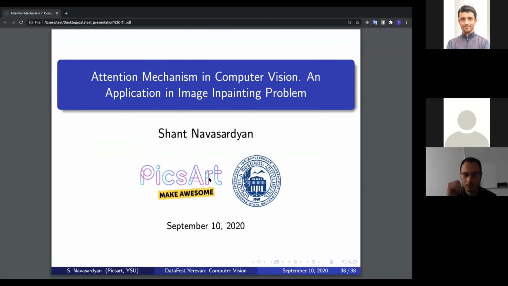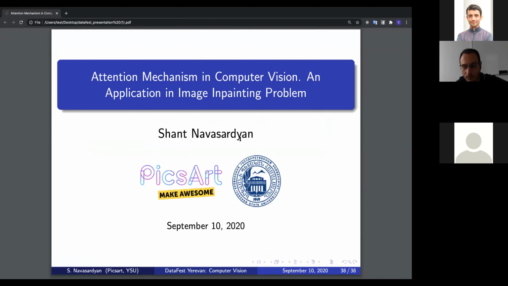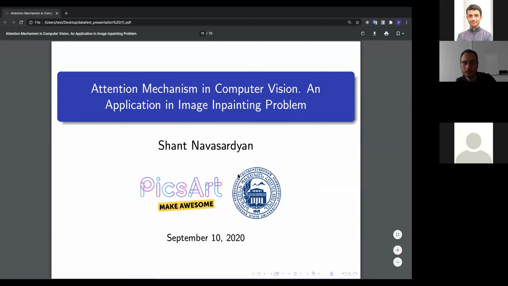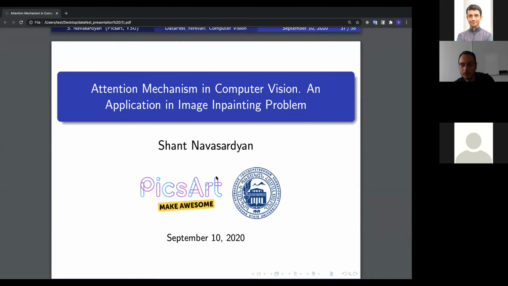Thanks a lot, Shant. I'll monitor the questions, and if there are any, I'll ask. Before that, I'll try to ask a question from my side. First, it's pretty amusing to see how the ideas from NLP, for example self-attention, transfer so easily and effectively to computer vision.